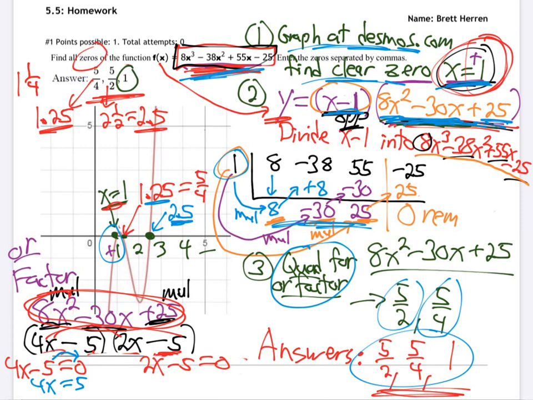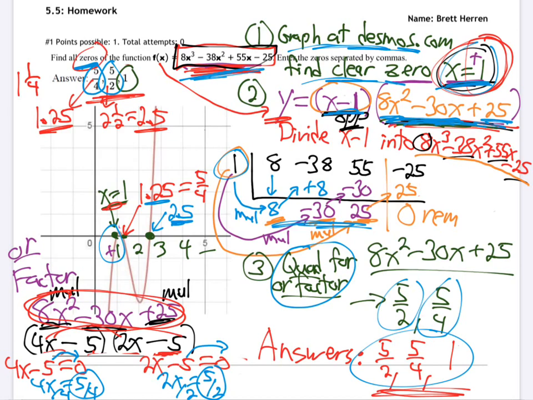Then you would divide by the 4, 5/4. See, there's our 5/4 answer. This one, jump the 5 over, and it becomes a positive 5. Then divide by 2. See, there's our 5/2 answer. And we already had the 1. So you can get them all by factoring, but most people will prefer the quadratic formula.